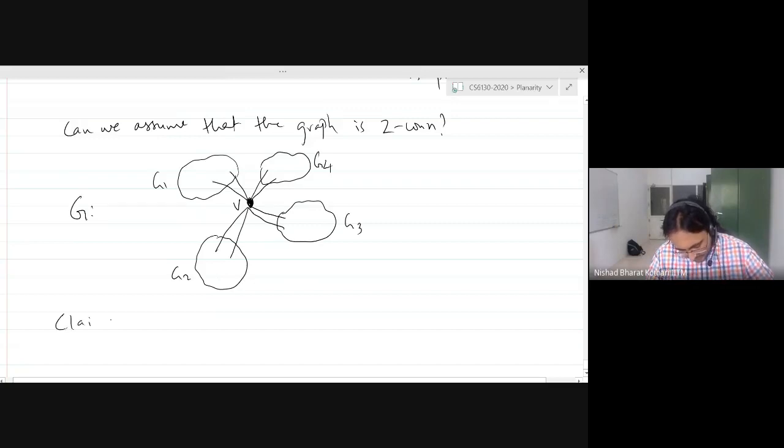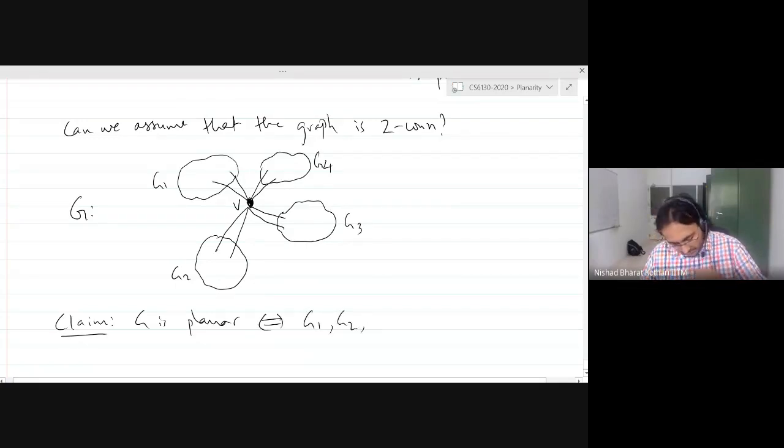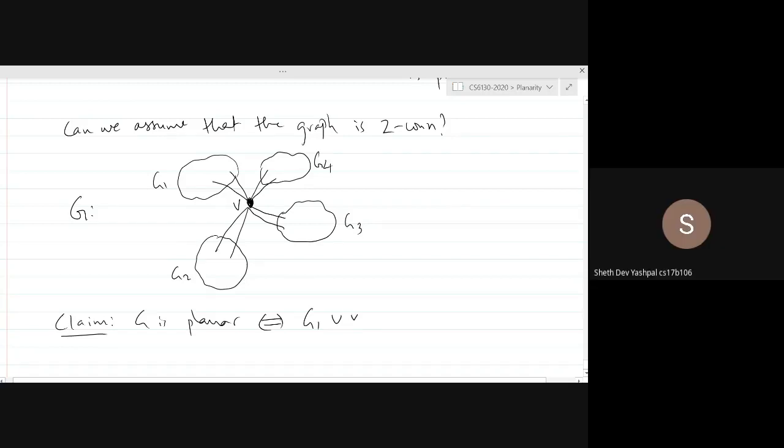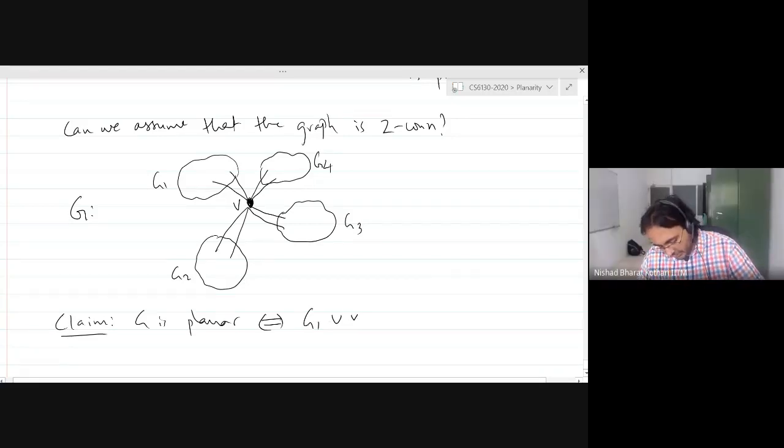So the claim is that G is planar if and only if G1 plus V, G1 union V, G2 union V, G3 union V, and G4 union V are all planar.